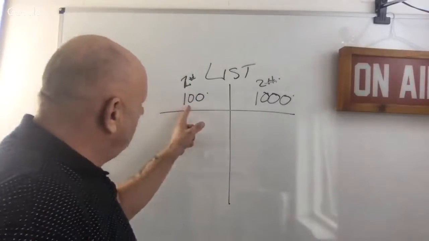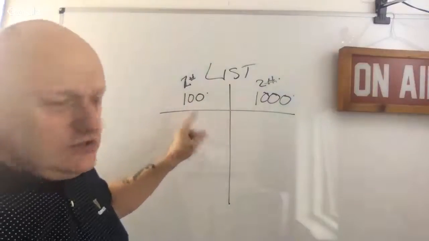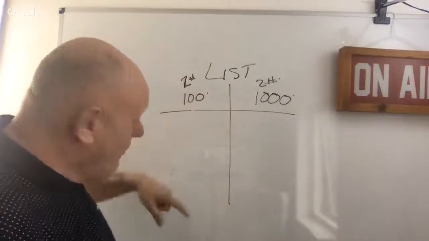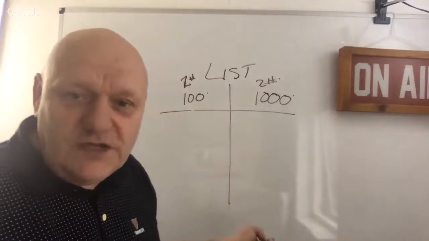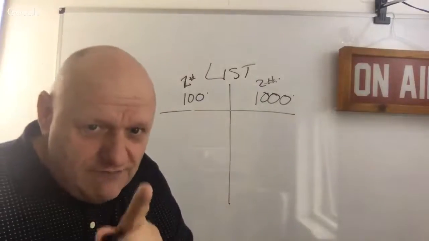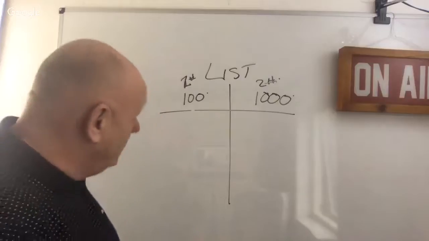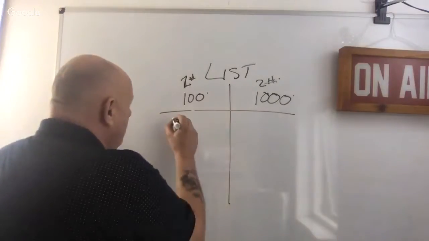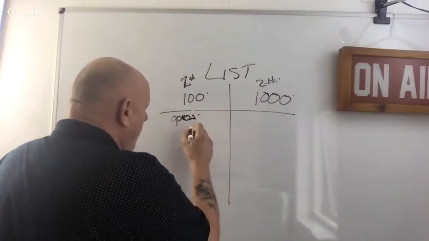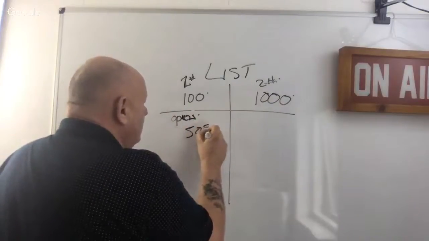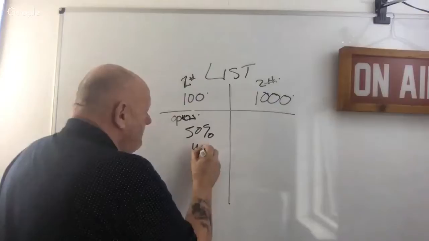The 100 emails on your list, so people that have opted into your landing pages, or would you rather have 1,000? Now, before you can answer that, I want to say to you that this one has an open rate of 50% and above.